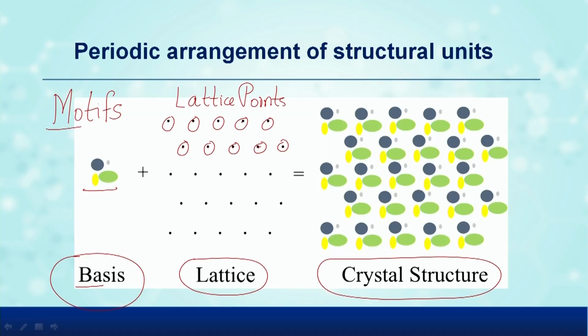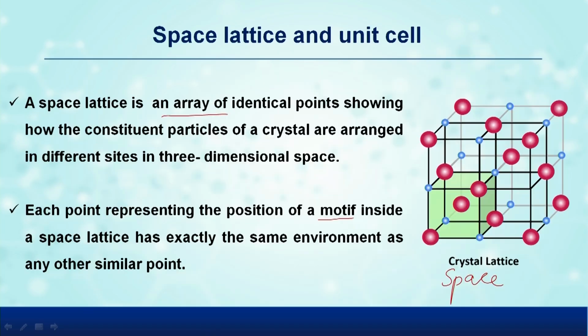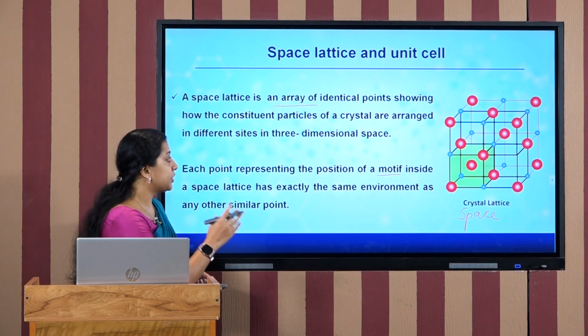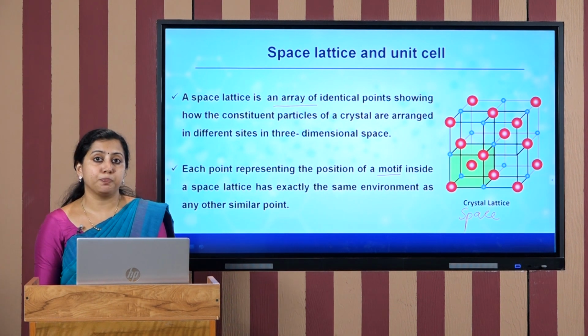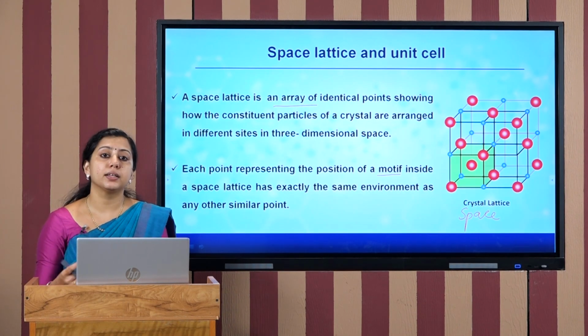So, an important characteristic feature of a space lattice is that the position of any structural unit inside a space lattice should have exactly the same environment as any other similar point.